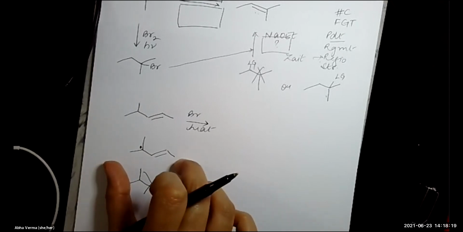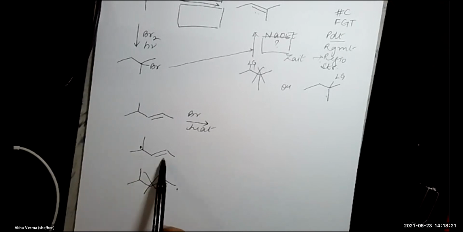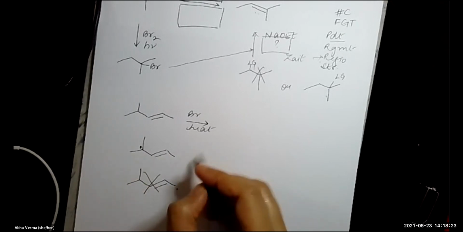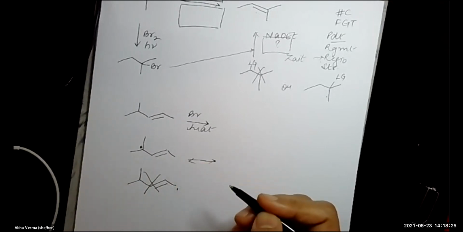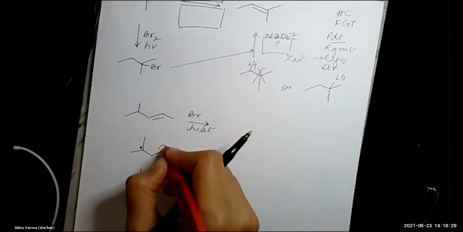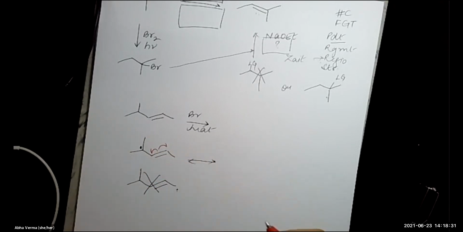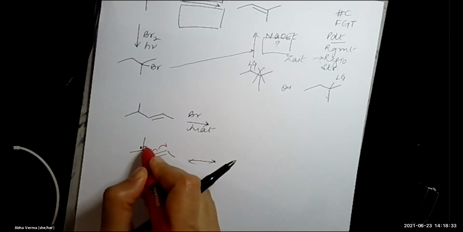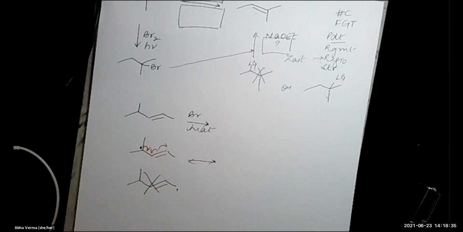There is no rearrangement, but whenever you have an allylic structure, you will see resonance occurring. How will you see the resonance? The pi bond splits, and the radical forms a new bond here.